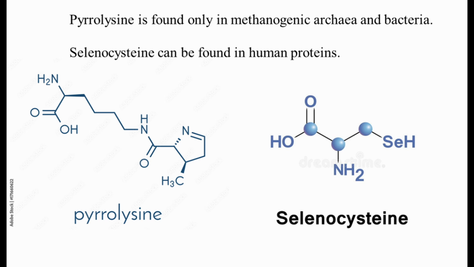Pyrrolysine is found only in methanogenic archaea and bacteria. Selenocysteine can be found in human proteins. Selenocysteine will be added to a eukaryote protein by the UGA stop codon only in special cases, where the messenger RNA contains a selenocysteine insertion sequence in the 3' tail of the mRNA.